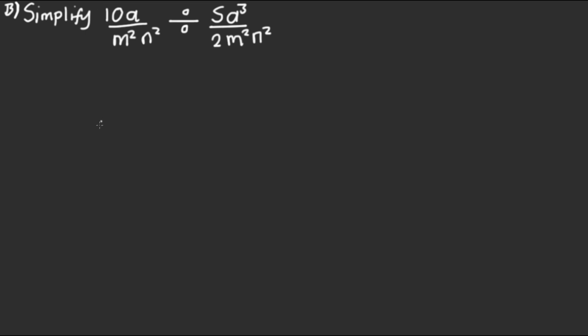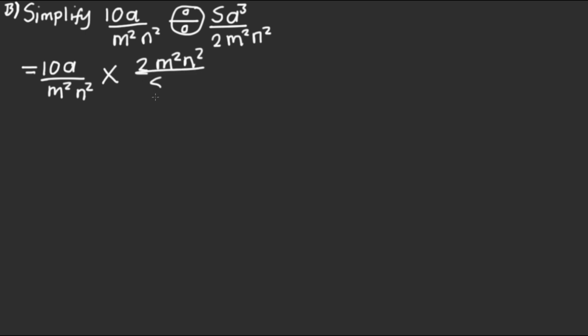Right, so we can now move on to question B. We are told to simplify. So step number 1, we need to change the operator. This division changes to multiplication, then we flip the fraction, so the denominator becomes the numerator. Then what I'm going to do here, I'm going to expand. 10 is the same as 5 times 2.